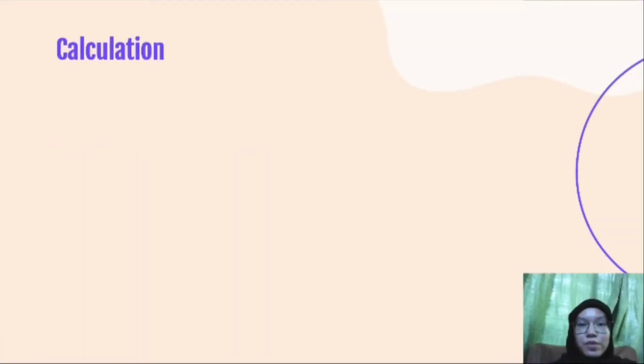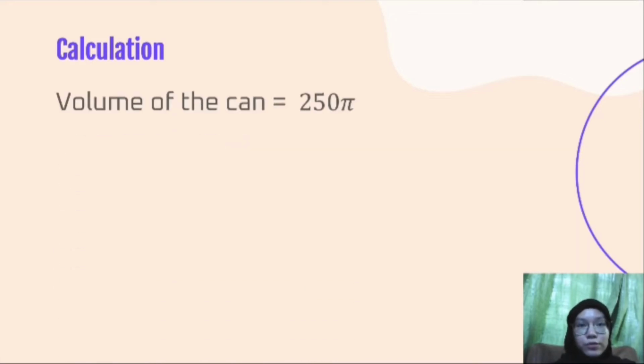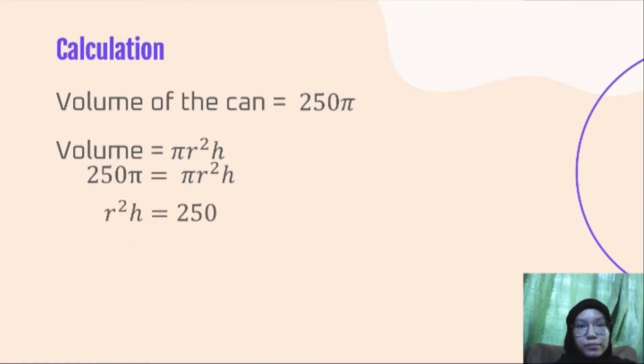The volume of the tomato can is stated, which is 250 pi centimeter cube. The formula of volume for a cylinder is pi r squared h. Then we substitute the volume of the can into the formula, as I show here. After that, we solve the equation to find the height, and h is 250 over r squared.